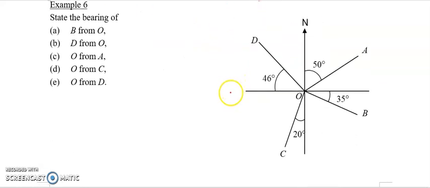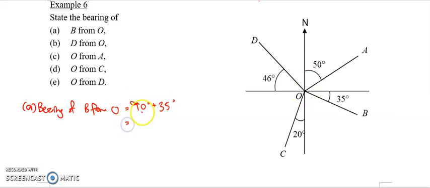In example 6, state the bearing of B from O. O is here, so we use 90 degrees plus 35, which is already given, so we will get 125 degrees.